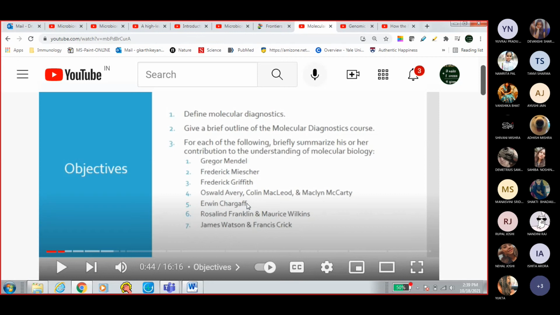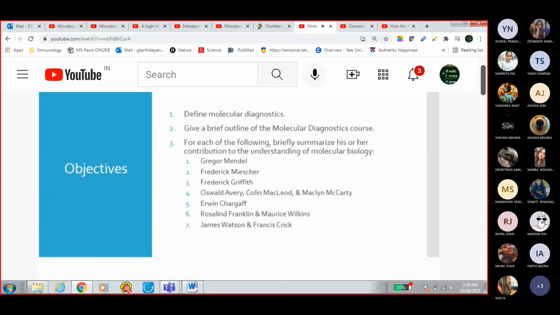Right? So, we will go through this. And that will include Gregor Mendel, Friedrich Miescher, Frederick Griffith, Oswald Avery, Colin MacLeod, and Maclyn McCarty, Erwin Chargaff, Rosalind Franklin and Maurice Wilkins, James Watson, and Francis Crick.